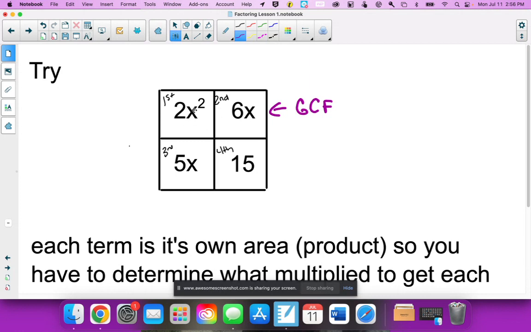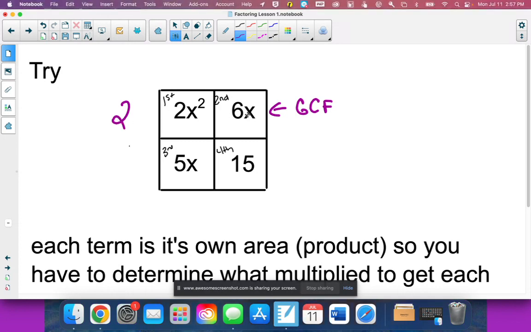And we talked about how the variables, I can't take more than I have, right, in either one piece. So my GCF as far as my variables is just an x. So you take a look at that first row, right? You're going to pull out the width. The width on that is 2x. Okay, so do the same thing you did before. What is the length going to be that works with this 2x?